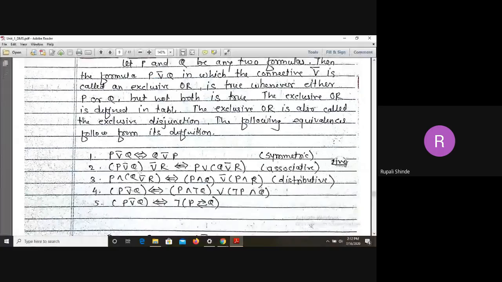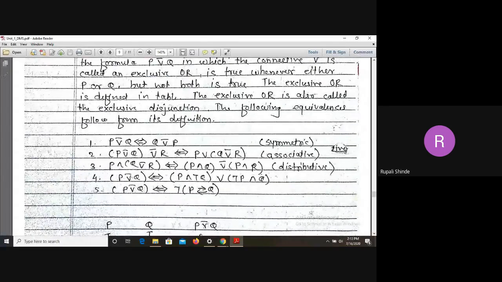Again, this satisfies some properties. First one is the symmetric property: P XOR Q is equivalent to Q XOR P. Next one is the associative property. For this, we just change the brackets. P XOR Q, this is the first bracket, XOR R, is equivalent to P XOR Q XOR R, where we just change the bracket.